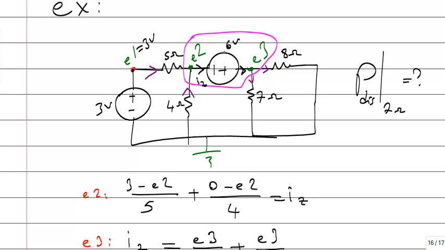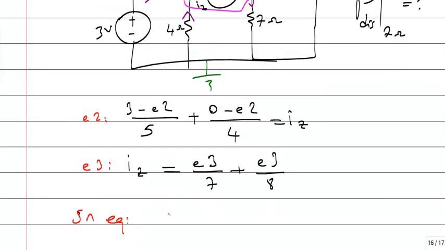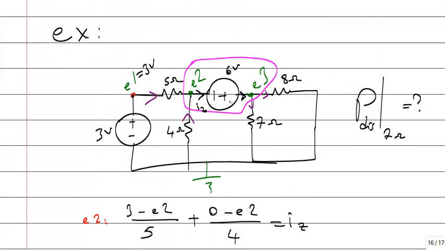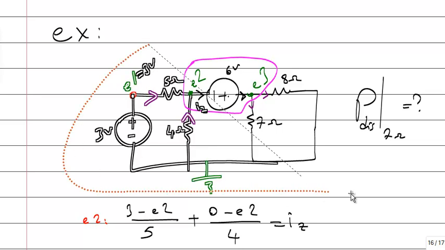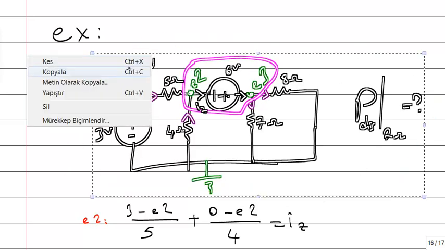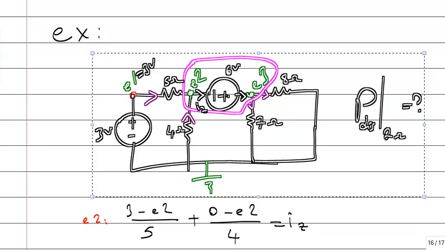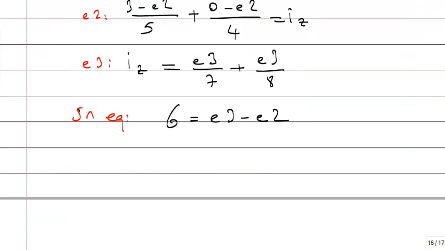Sorry, Vy is given here. 6 volts. 6 volts is the difference between E2 and E3. Okay. 6 volts is equal to E3 minus E2. Look, minus plus. E3 is 6 volts higher than E2. So you have 3 equations if you use nodal analysis. But if you use supernodes, what happens? Let's check.